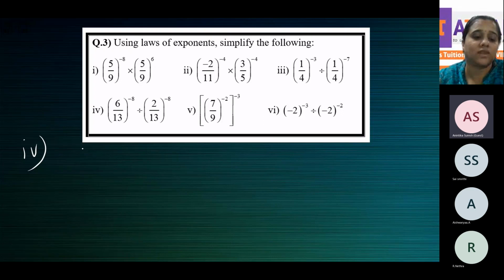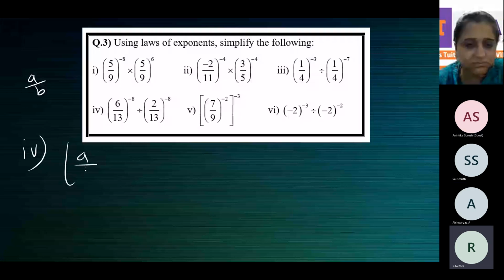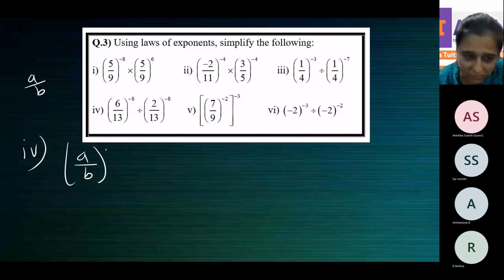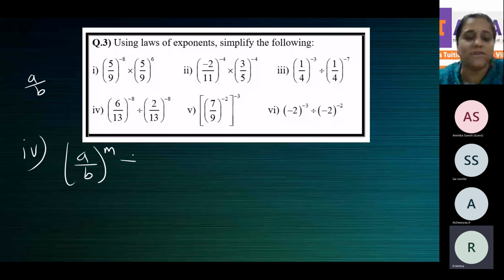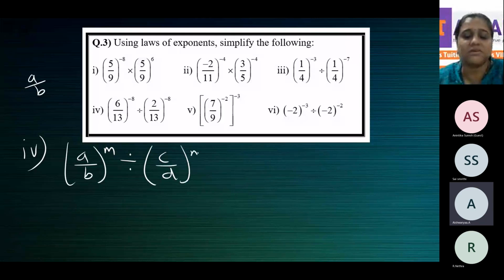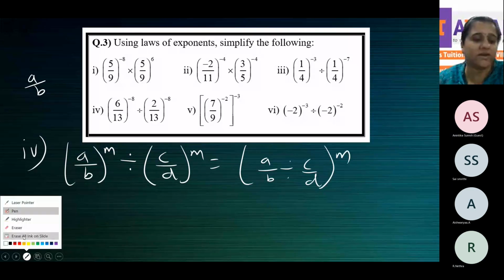So when we are dividing, A by B divided by C by D, the whole to the power of M, is equal to A by B divided by C by D, the whole to the power M. Very good, very good.